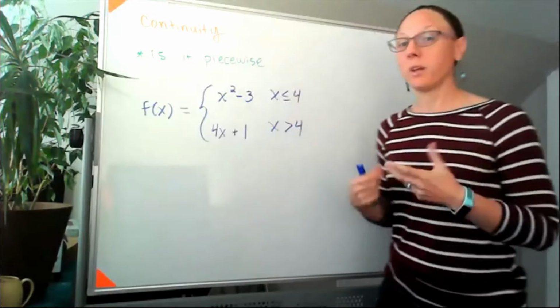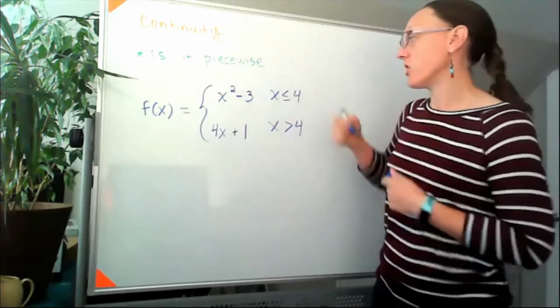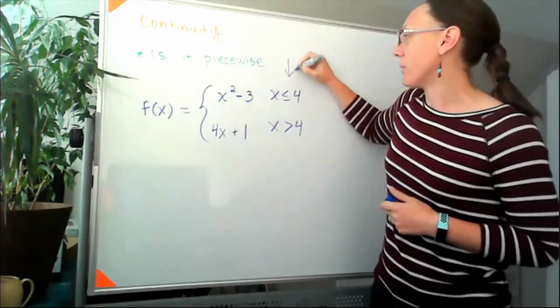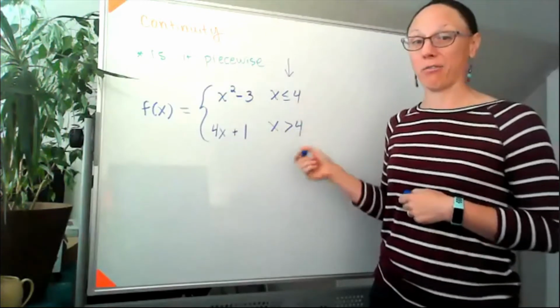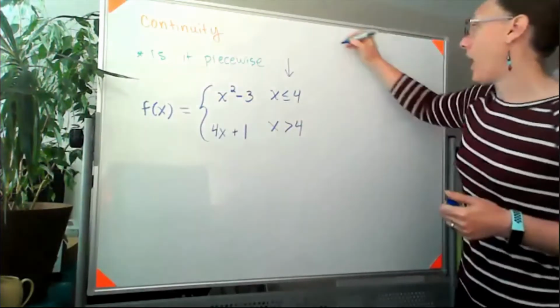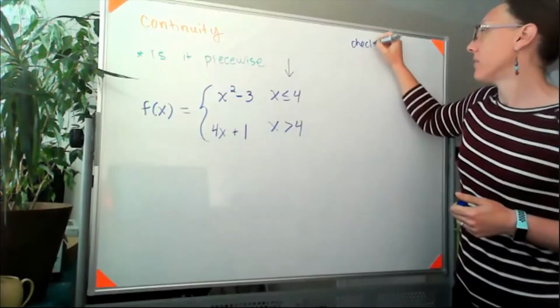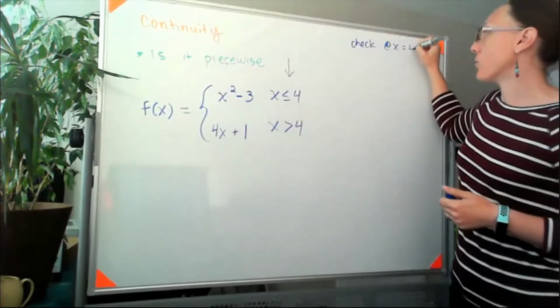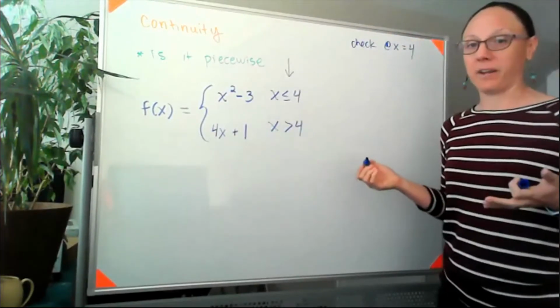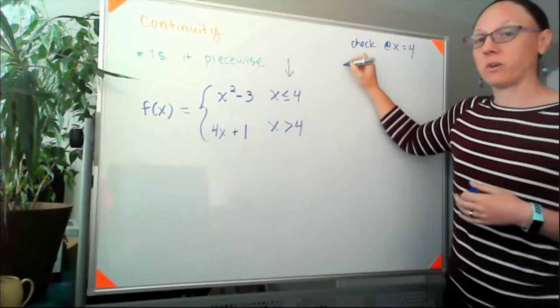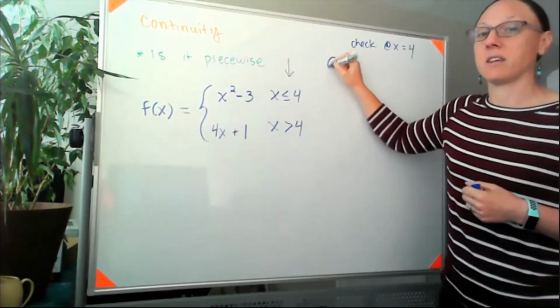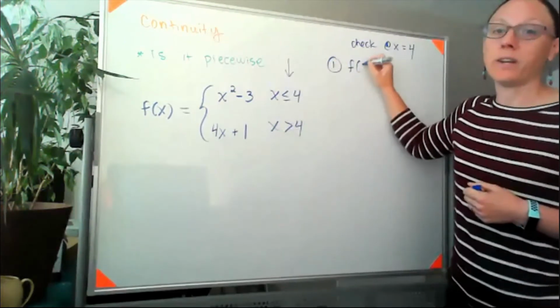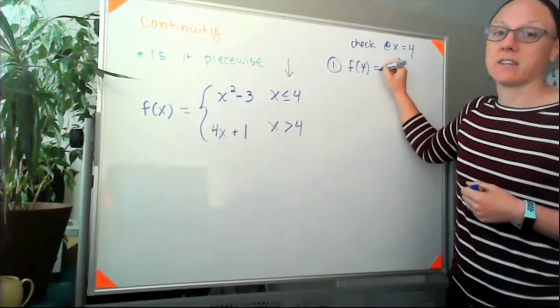So then the only possible place where we have a discontinuity is happening where the pieces match up, meaning at 4. So I want to check at x equals 4, what's happening? And in terms of our continuity rules, we've got our 3 pieces. The first part says we need f of 4 to exist.